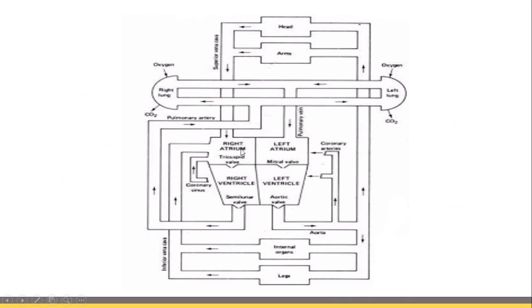So here the right atrium receives the deoxygenated blood from the entire organs of the body, from the superior and inferior vena cava. Here the superior vena cava, here some more coronary venous return and some more inferior vena cava. Through this the right atrium receives the deoxygenated blood.